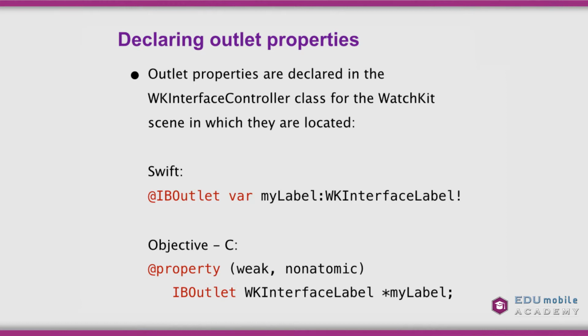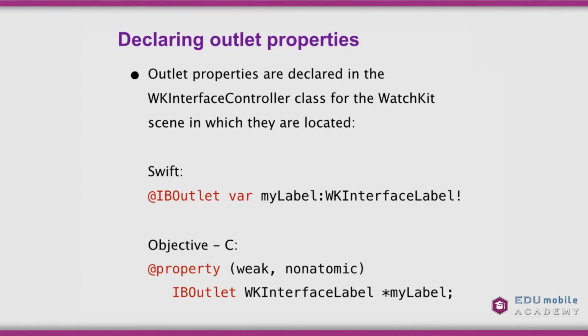So the WatchKit scene is running on the watch, or is displayed on the watch. The WKInterfaceController is running on the phone. So that's the only difference. And really, as we're developing, that difference needs to be kept in mind, but it's not that difficult to get used to.